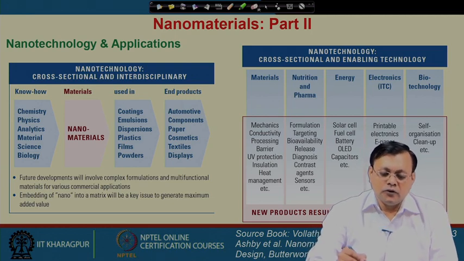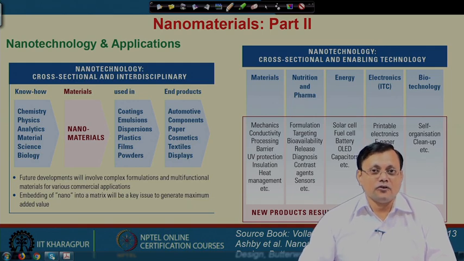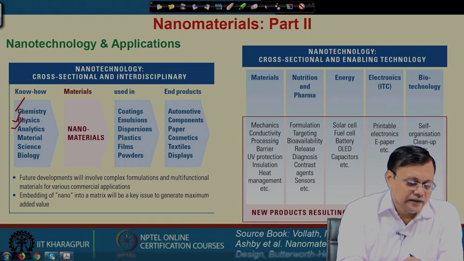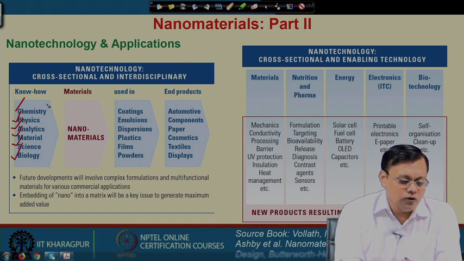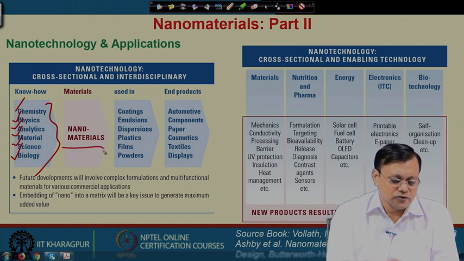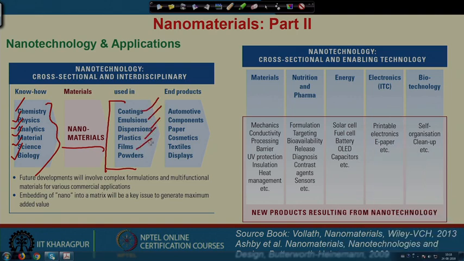Nanotechnology is not restricted to the field of metallurgy or physics, but has spread widely over biotechnology and so on. So, there is a very wide spectrum of application of these nanomaterials, where chemistry, physics, analytics, materials science and biology are all involved with the technical know-how of these materials, where we can exploit the properties in terms of coating, emulsion, dispersion, plastic, film, powder.